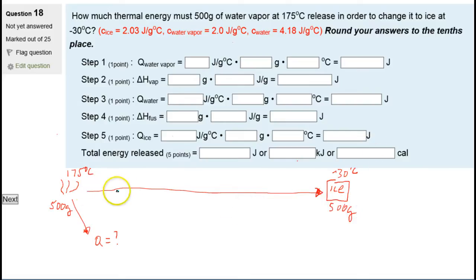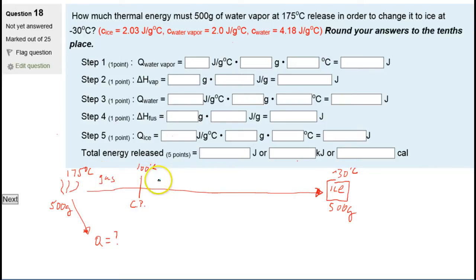So as this water vapor cools down, it's going to condense at approximately 100 degrees Celsius. So right here, here's the condensation point, right? So it's gas right here.